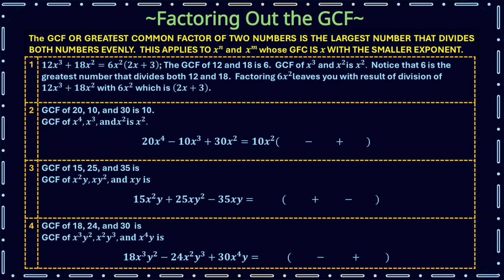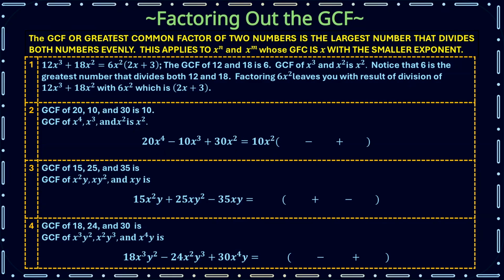The largest is 10. And for the variable factors, x to the 4, x cubed, x squared, the GCF is x squared, x with the smallest exponent. So the GCF of this trinomial is 10x squared.